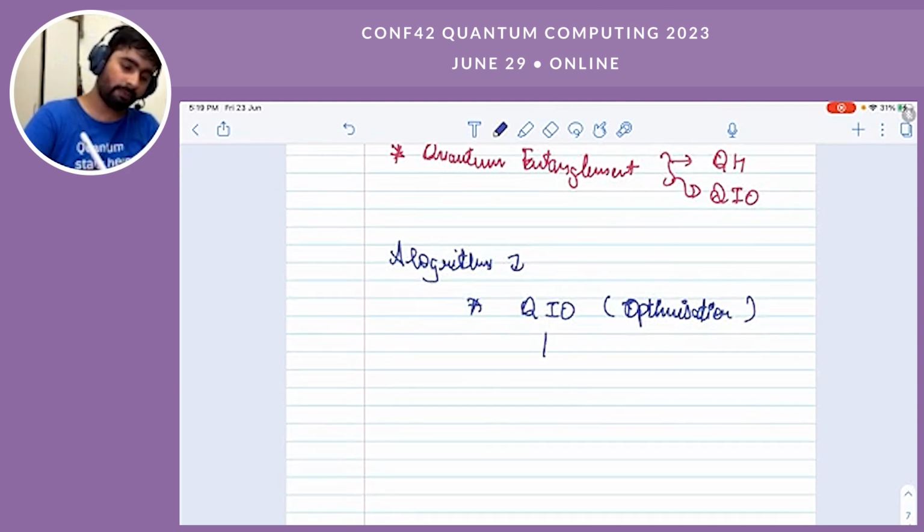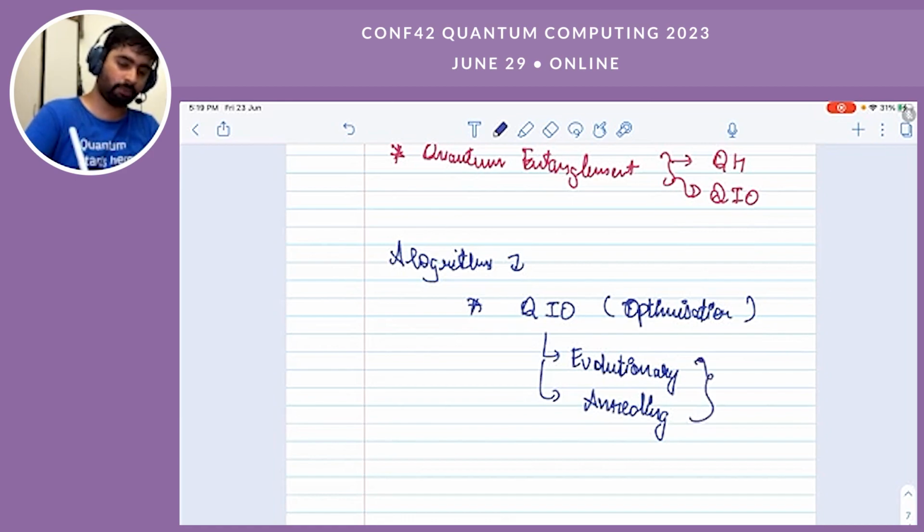So in QIO we have evolutionary algorithms. We have annealing algorithms. These would be the two types of algorithm which we usually have in quantum inspired optimization.